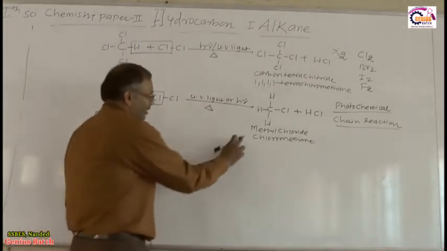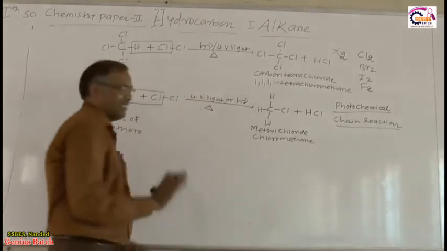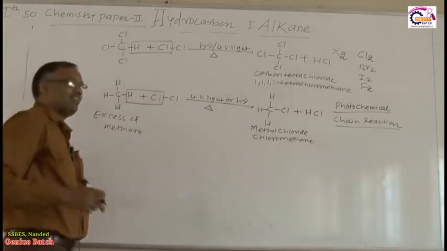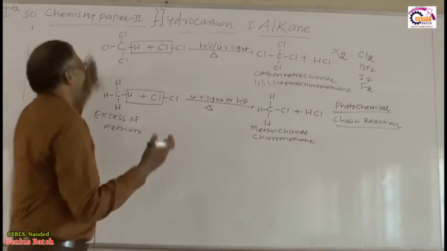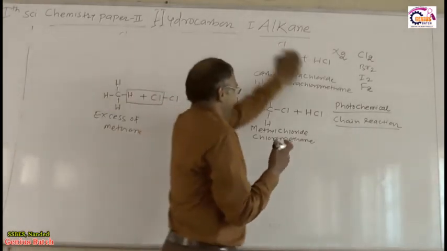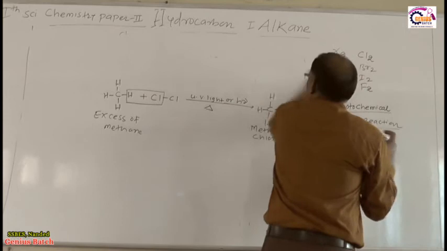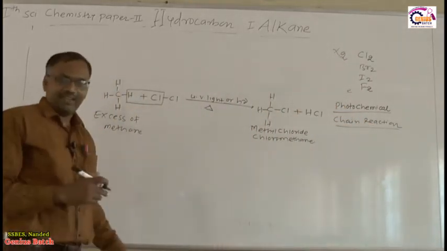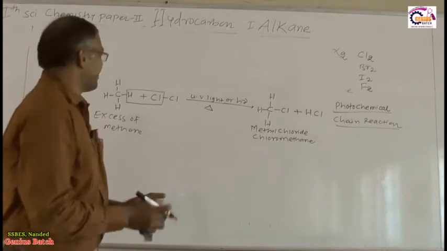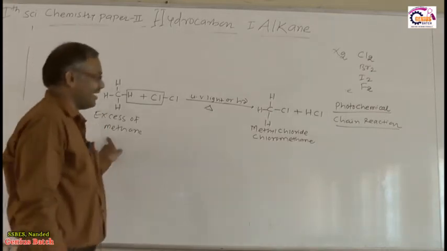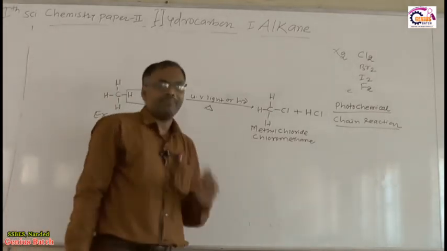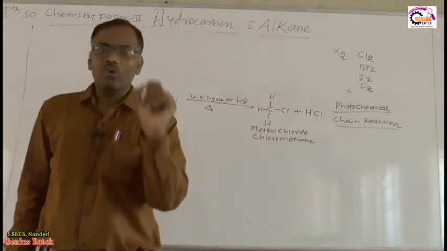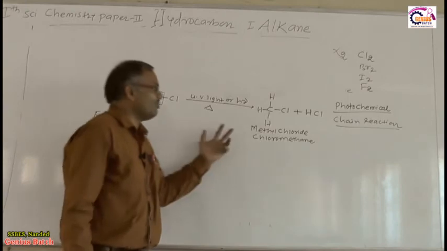So what is the one product? Methyl chloride, chloromethane. But if excess chlorine is heated with methane, you will have the 4 products: methyl chloride, methylene dichloride, chloroform and carbon tetrachloride, as we have just seen. But when excess methane is taken, you will get only one product, the monosubstituted product, the monochlorinated product.